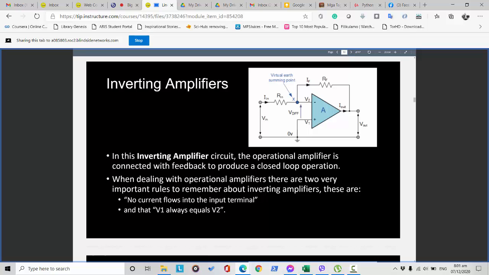Okay, so what is this virtual earth summing point? In electronics, this virtual earth summing point is also called a virtual ground, or virtual earth.